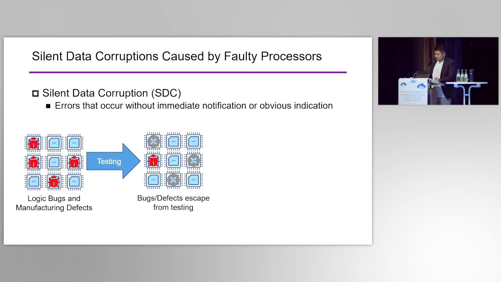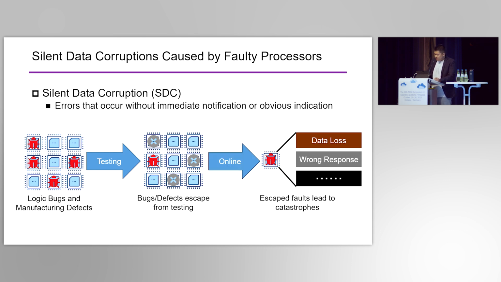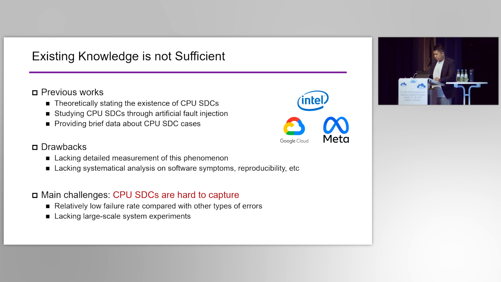Most of these bugs and defects can be eliminated by high-volume manufacturing testing. However, some of them can still escape from testing because of limited manufacturing testing resources. These escaped faults enter the production and lead to catastrophes, such as data losses and wrong responses.